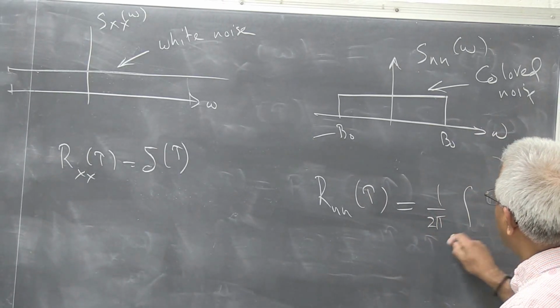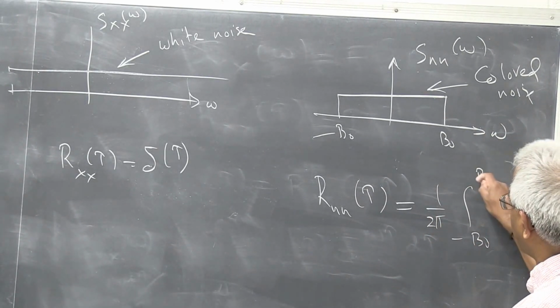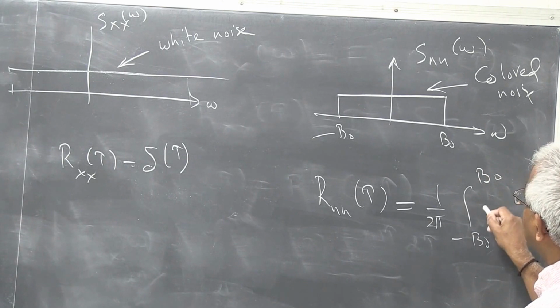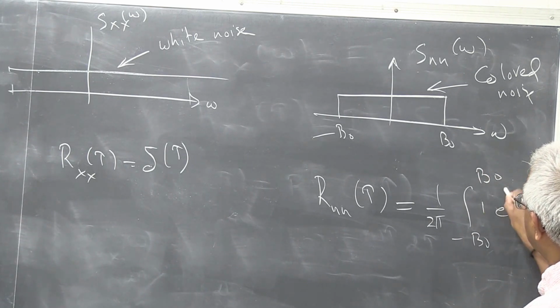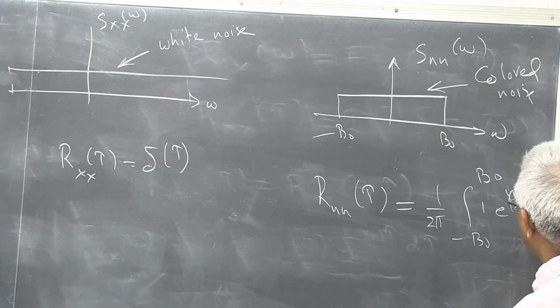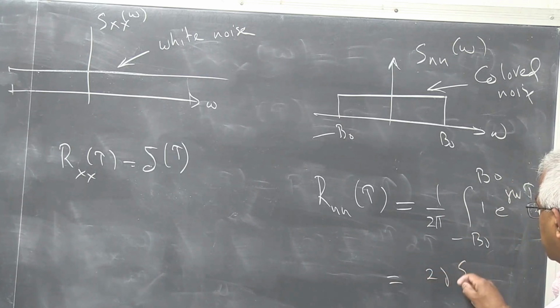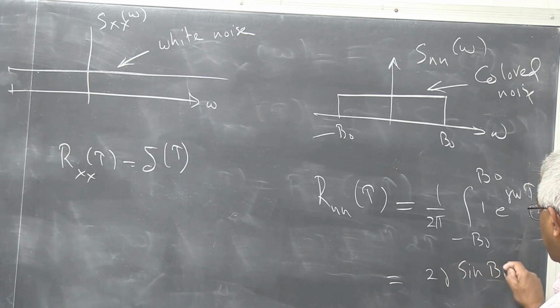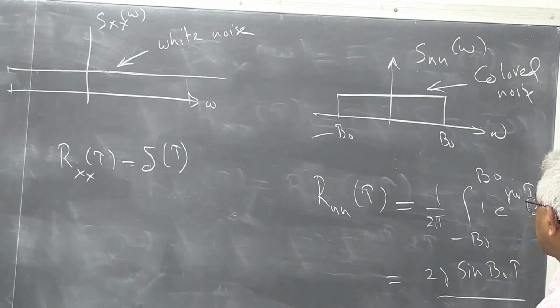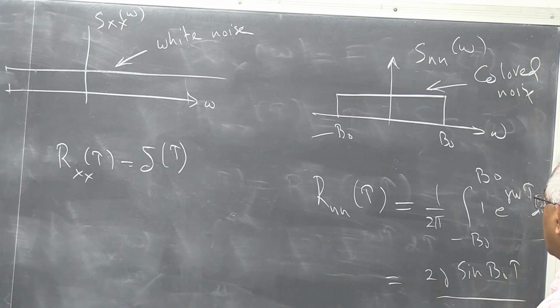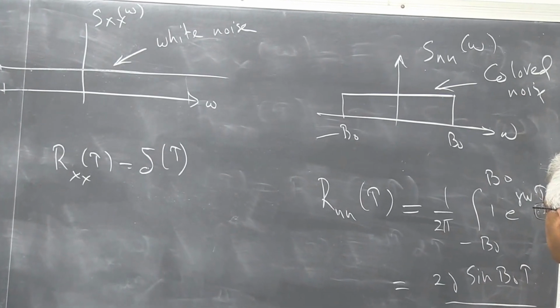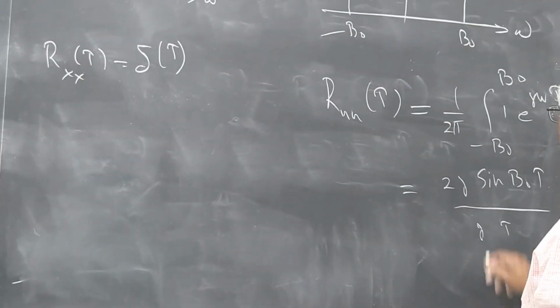So this is from minus b naught to b naught. It will come out to be a Sinc, you are right. So this is 1 over 2 pi, e raised to j omega tau d omega. So this will come out to be 2j sine b naught tau over j tau, right?